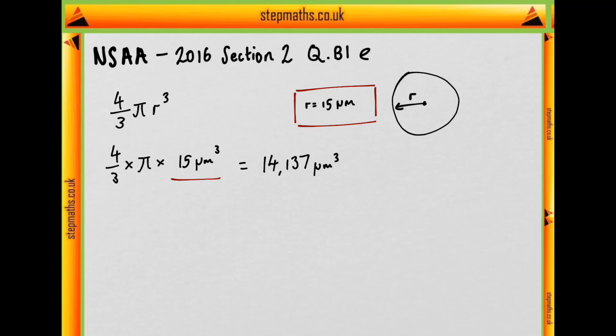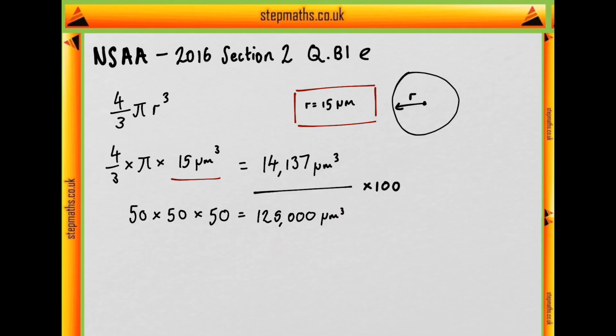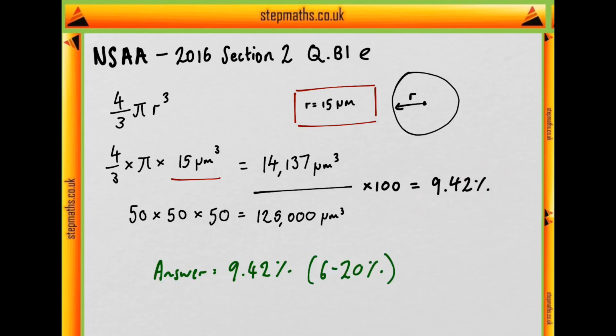So we can estimate the length of one side of our cube, namely our cell, to be 50 micrometers, which we can cube in order to find the total volume of the cell to be 125,000 micrometers cubed, and doing a simple percentage calculation, this is 9.42% occupied by the nucleus. So that's our answer, although the examiners would have accepted between 6 and 20% as a final answer.